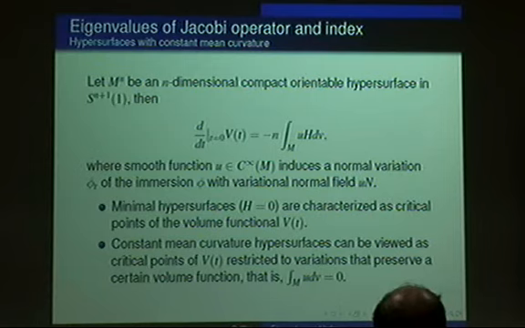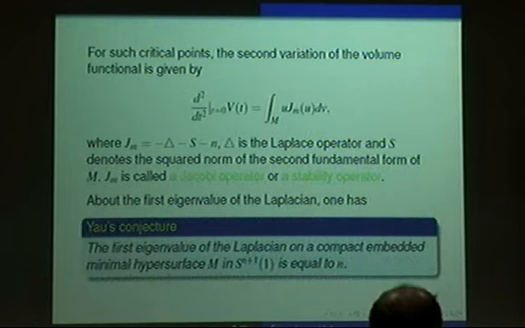We can continue to compute the second variation of this volume functional, and the second variation is given by this one. Here the capital J_M is equal to the negative Laplacian minus S minus n.